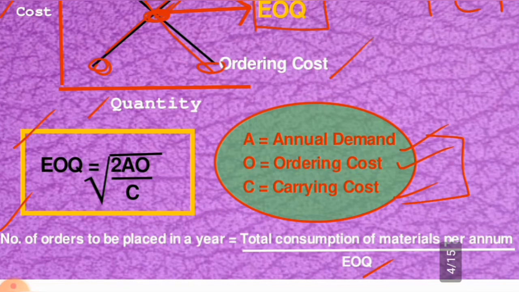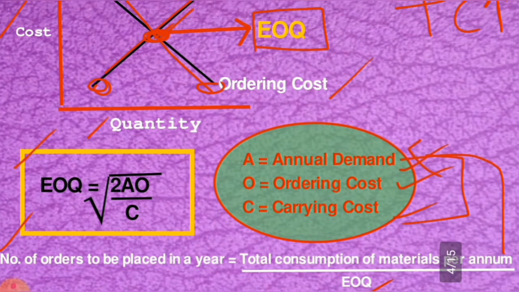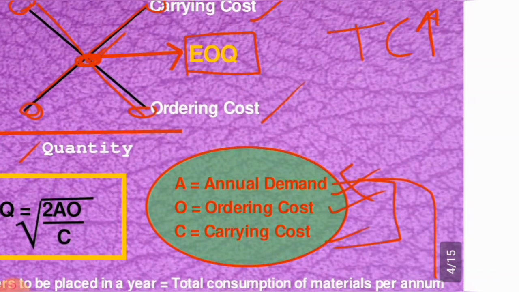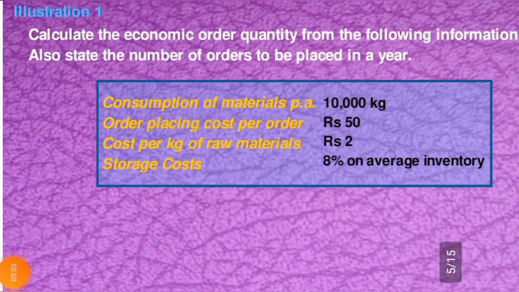Total consumption of materials per annum is nothing but annual demand. Okay, now let's do some questions and use these formulas.